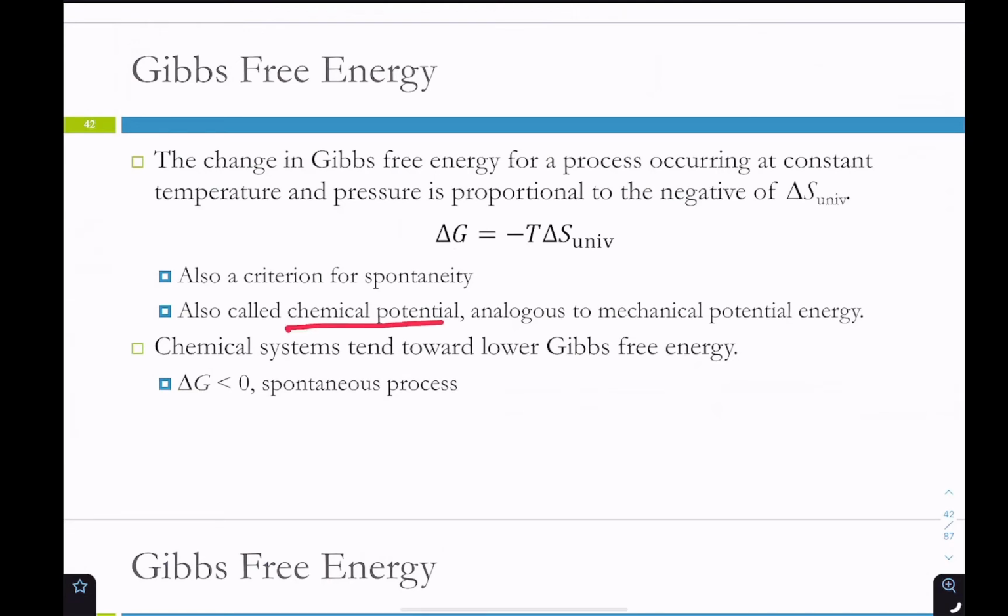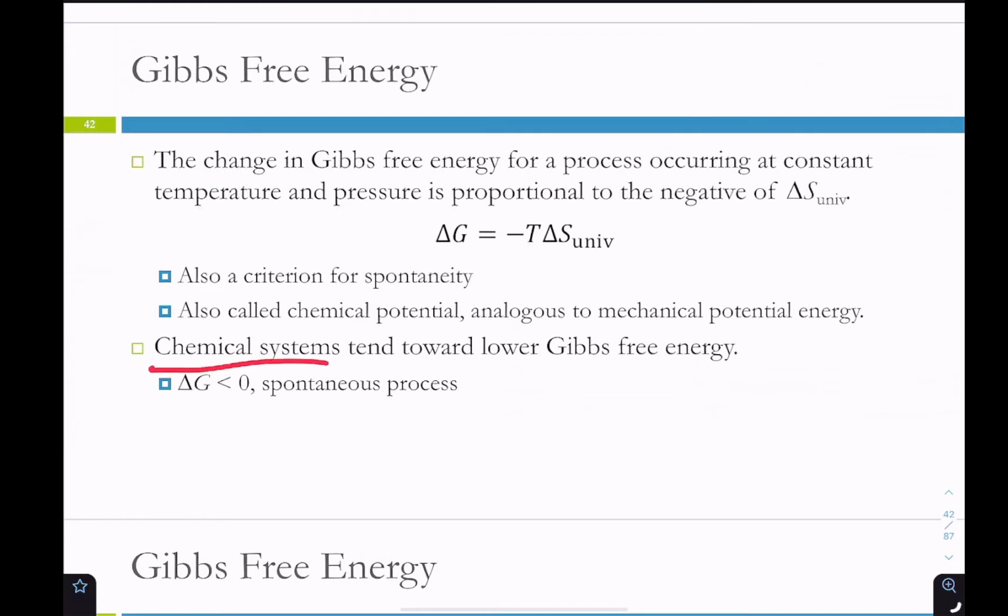And just like we talked about, chemical potential determining whether something was going to spontaneously fall or not, then we talked briefly about what if we had some way to quantify chemical potential and change in chemical potential? And so that's what Gibbs free energy is. It's analogous to that chemical or mechanical potential energy.